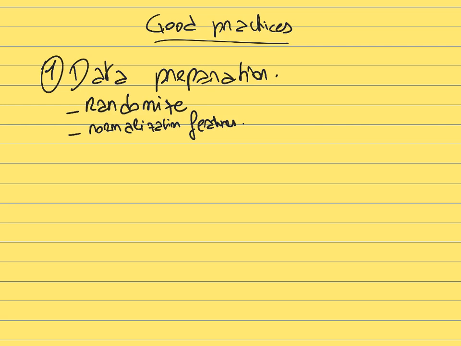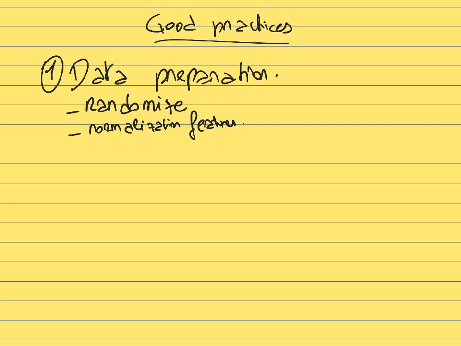So it's always a good idea to normalize the features so that all the features have the same weight, and you don't have a feature that varies more than another, or a feature that has a higher value than another. You can normalize the features either by standardization or by a min-max transformation. We have talked about those different methods in previous lectures.